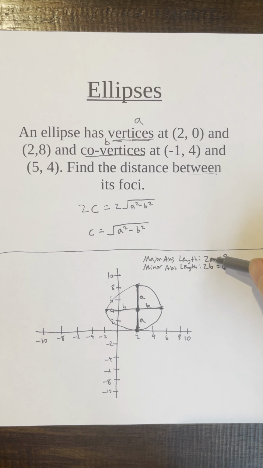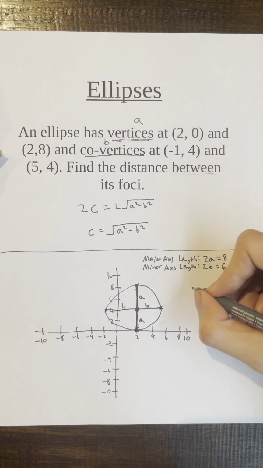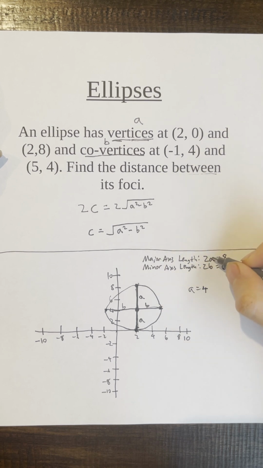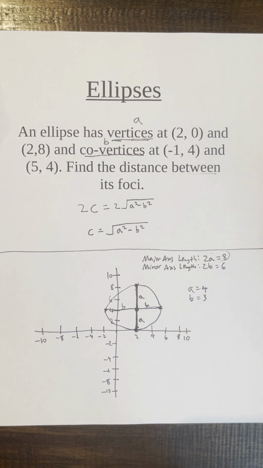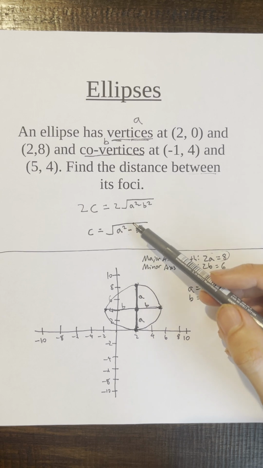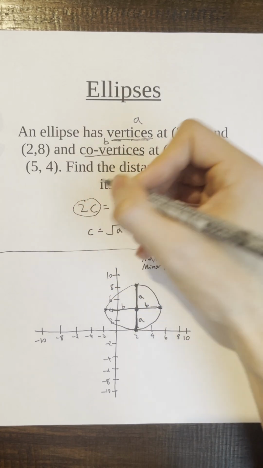That's awesome. So now we can figure out A and B. How much are A and B going to be equal to? So A is going to be 4 because I divide both sides of this equation by 2. And B is going to be 3 for the same reason. Okay, well if A is equal to 4 and B is equal to 3, then we just need to figure out A squared and B squared to get our desired distance.